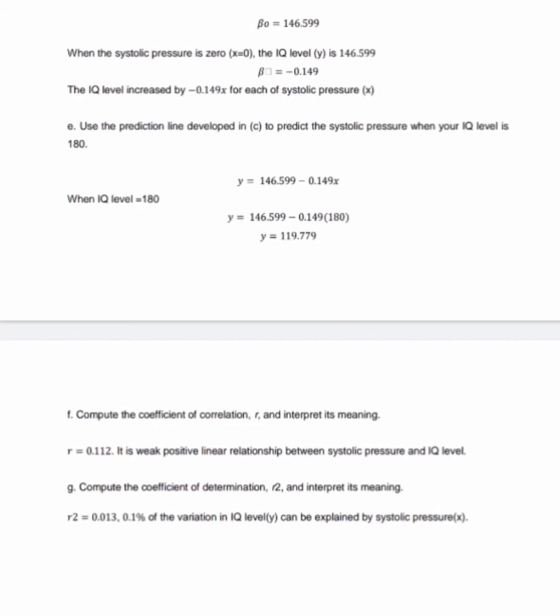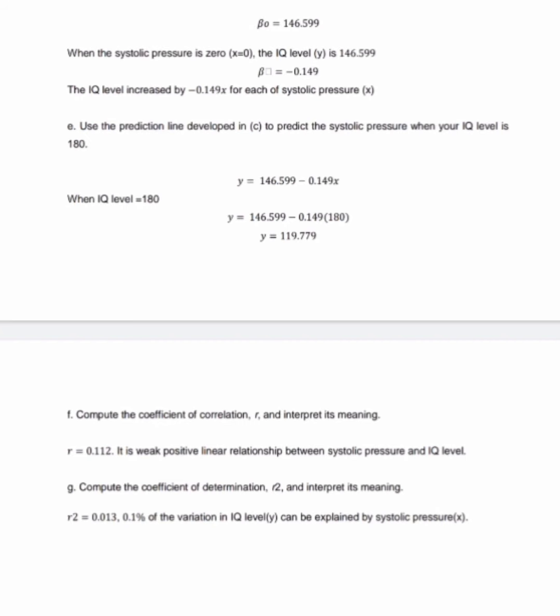For question E, use the prediction line developed in C to predict the value when the IQ level is 180. Y is equal to 146.599 minus 0.149x.